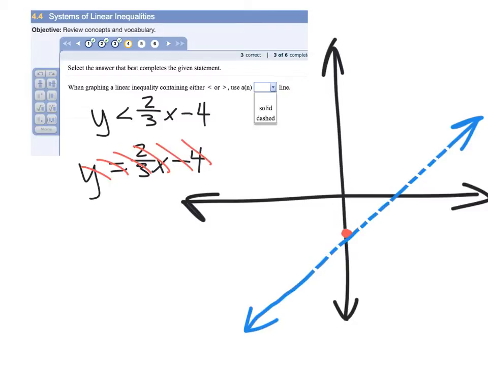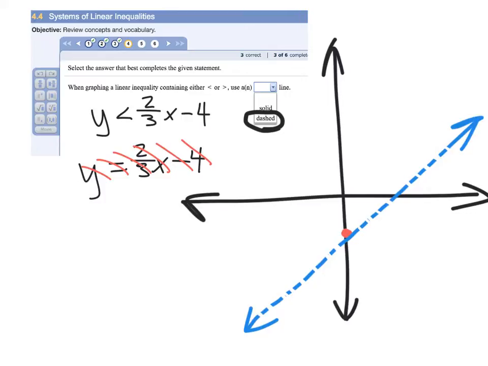Dashed lines are for less than or greater than only. So there's our dashed line. We've turned it into a dashed line because it's less than. If it was less than or greater than, it has to be dashed. If it has an or equal, then it would be a solid line. So in this case, the answer is it's got to be a dashed line.